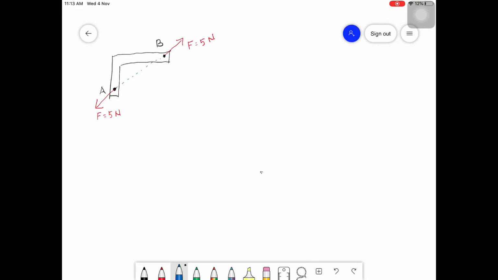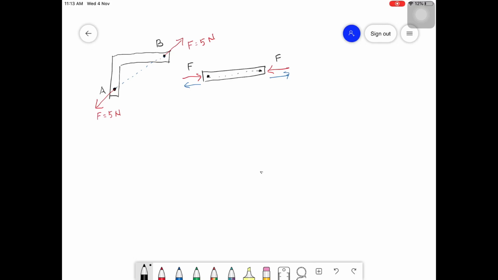Okay, if you have a straight geometry, it is easy. Your force must be either in this direction or in this direction, equal magnitude but opposite direction, in one line.